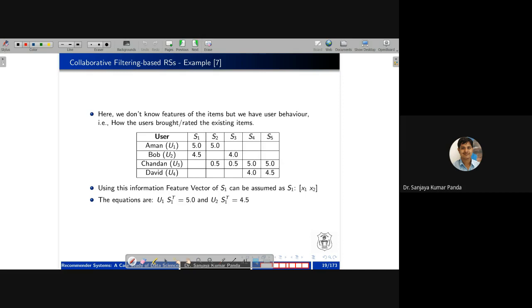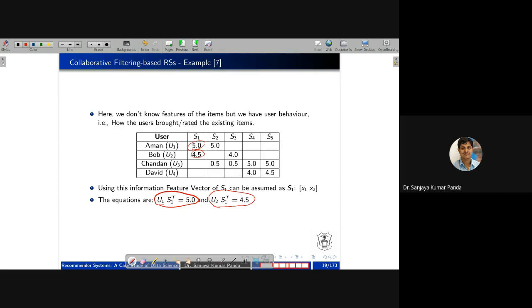We know that for user 1 and smartphone S1, the rating is 5. So here you can consider U1 S1 transpose is equal to 5. We are interested in finding the smartphone S1 feature. Similarly, U2 S1 transpose is 4.5. So U1 S1 transpose is 5, U2 S1 transpose is 4.5.